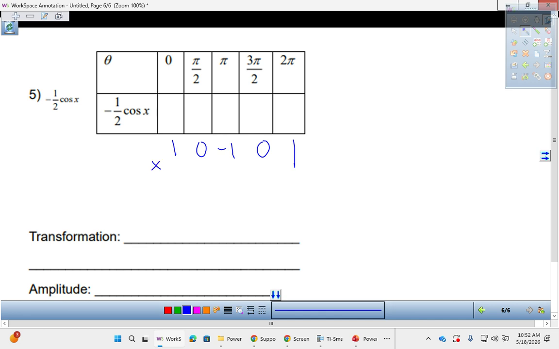So my multiplier is negative 1/2. 1 times negative 1/2 is negative 1/2. 0 times negative 1/2 is 0. Negative 1 times negative 1/2, that double negative, is positive 1/2. 0 times negative 1/2, 1 times negative 1/2.